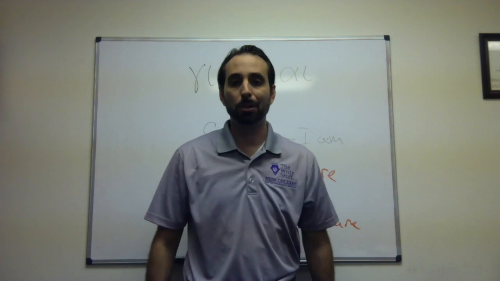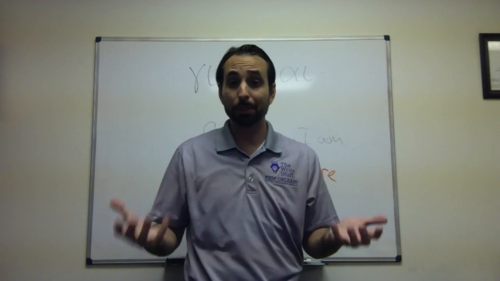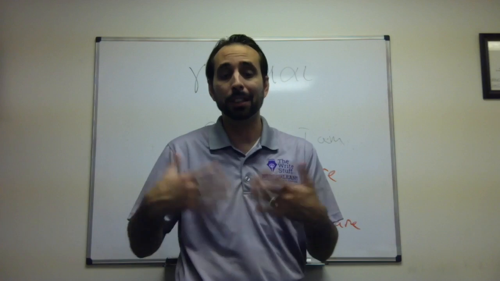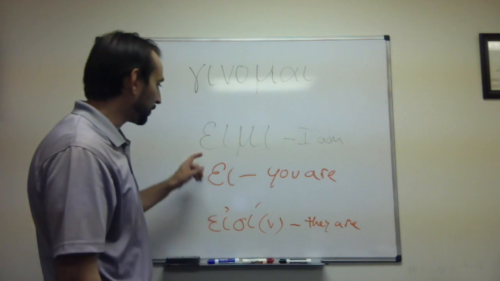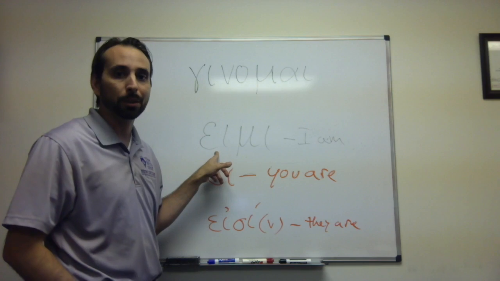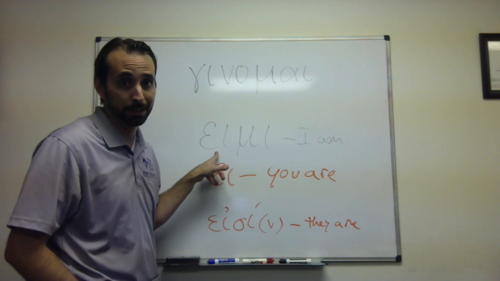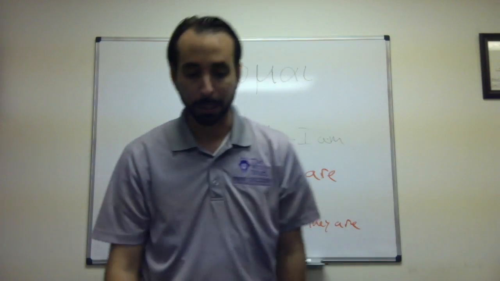Voice transfers action, so it's either going to be active or middle passive. But in a copulative verb, you don't have transfer of action. It simply is or be. It's a being verb, and so voice is just simply not there. So if you locate this as present active indicative first person plural, you're going to be incorrect on part of that because there's no active to it. Just know that he tells you that on the bottom of page 95.